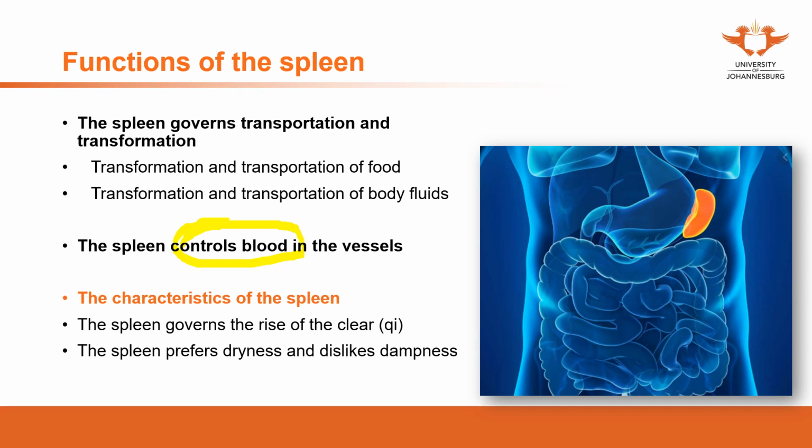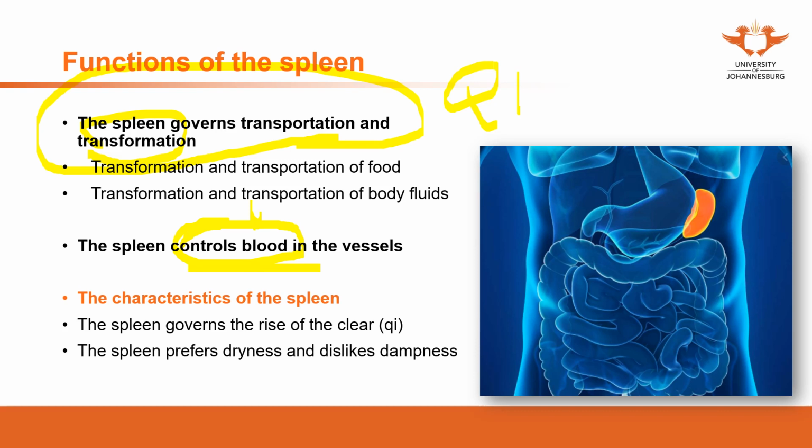The spleen deficiency also will affect the qi, as these functions cannot be separated, the transportation and transformation. So once this function is weak, the transformation and transportation is also weak. So the patient will present with qi deficiency.